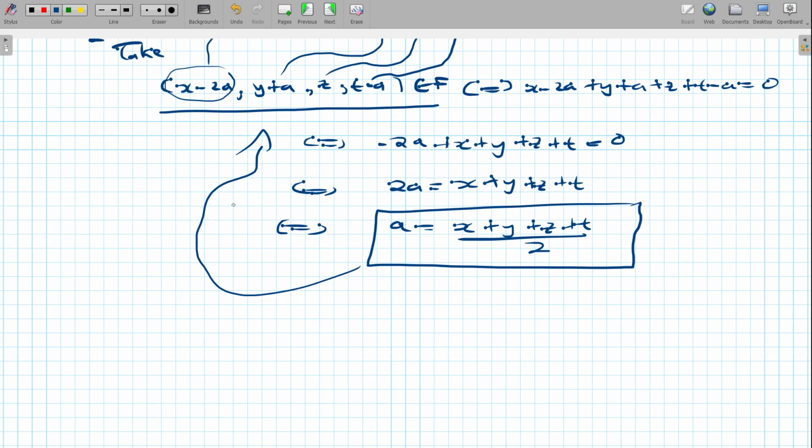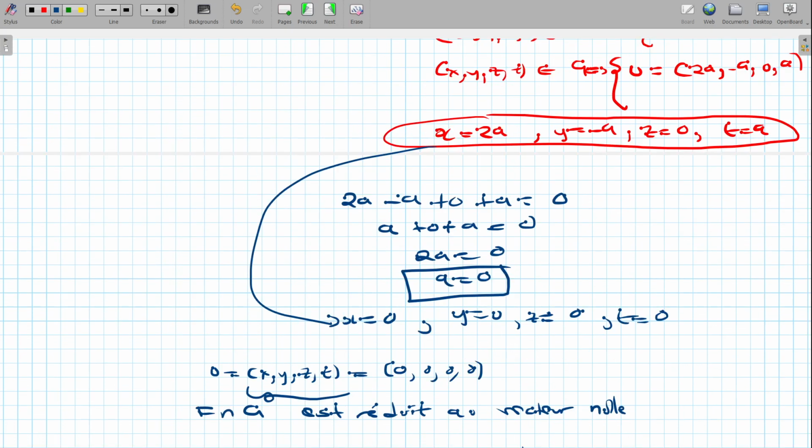The previous result is that a has to be equal to this value for the vector x minus 2a, y plus a, z, t minus a to be in F. Because the question says "on déduit que", we're supposed to incorporate the previous result to be able to answer the current question.